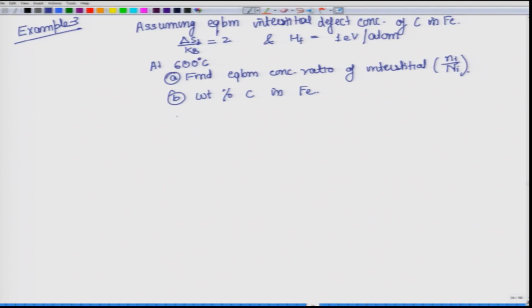Okay, so again we start with what we know. Xi equilibrium can be given as, and it is given that HF is 1. So, it is minus 1 and it is in per atom.